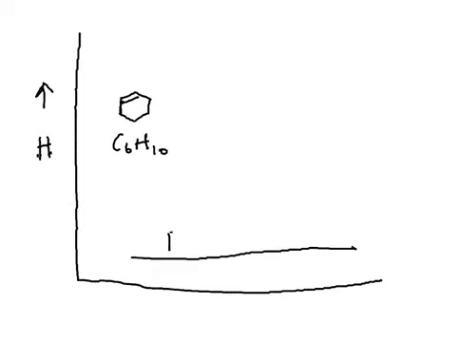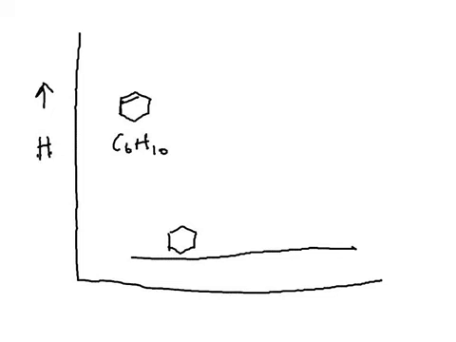Now, if we look at the reaction of C6H10, this is cyclohexene. It's got 1 carbon-carbon double bond. Now, if we carry out the hydrogenation of that compound, we will get this compound.